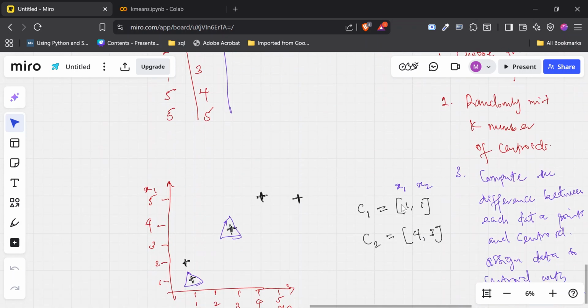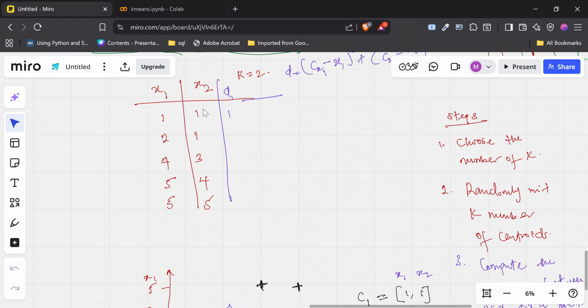We take this, subtract it from this, plus this, subtract from this. So that's going to be 1 minus 1 squared plus 1 minus 1 squared. So what should that be? Then we can also get D2, which is going to be for cluster 2.